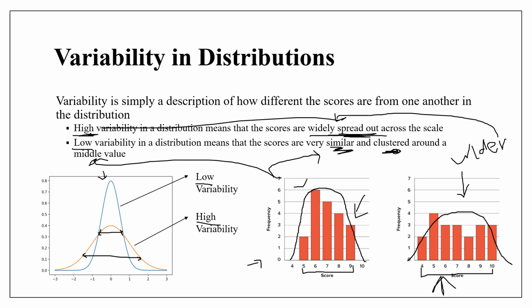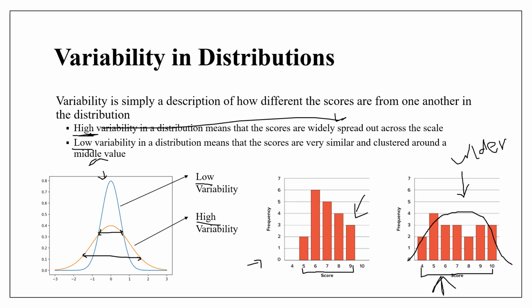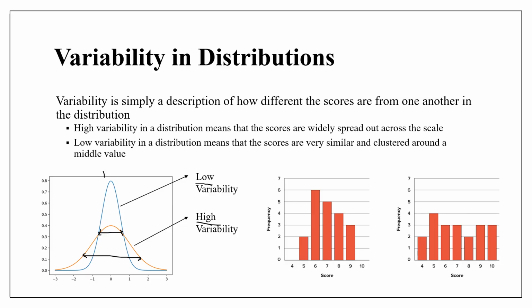Now, before we move on to the next page, I want to talk about why this is important. Variability in general is just going to speak about the spread of the scores. And this is going to be very important because of the central tendency. Both of these, by the way, are kind of normal distributions.